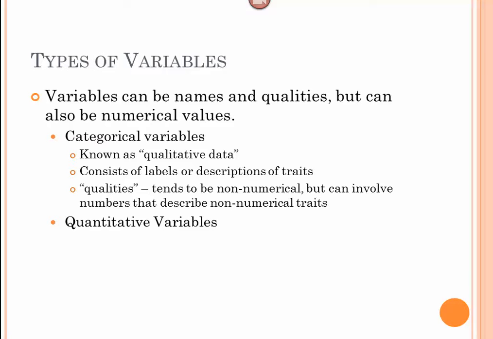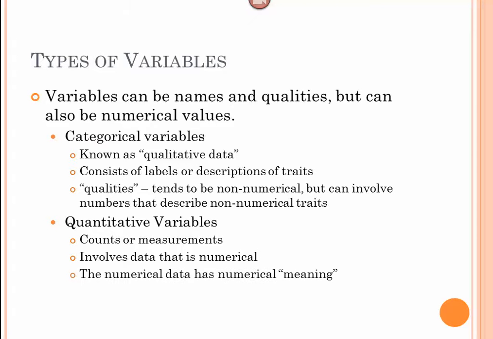So quantitative variables are those things which are counts or measurements. They involve data that not only is numerical, but that numerical data actually has numerical meaning to it because it was a measurement or a count of some sort.